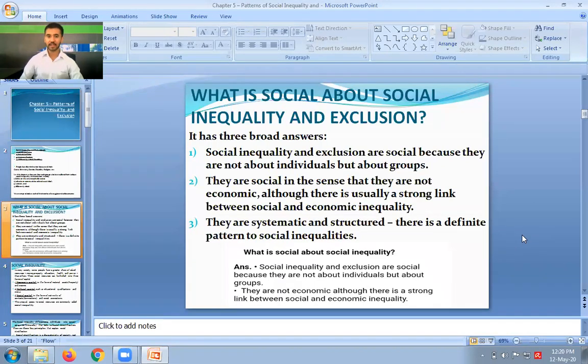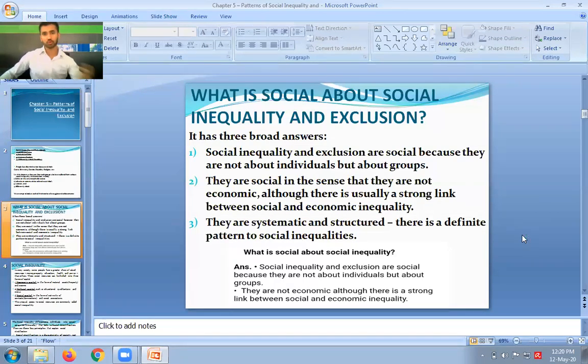Social inequality and exclusion are social because they are not only about individuals but about groups. Now this line has a very profound meaning. How can we understand that? When there is social inequality, is it related to a particular individual? No, it is related to the entire group.